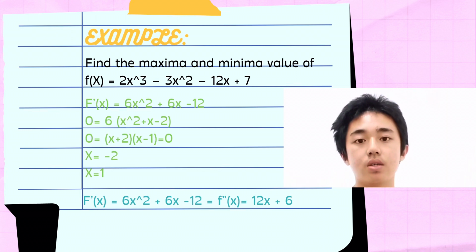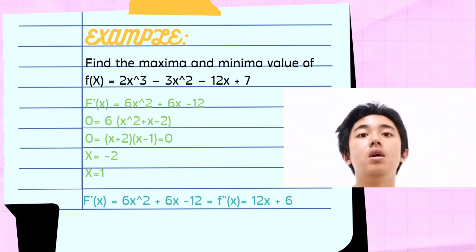So what we're going to do is find the derivative of the function. f'(x) = 6x² - 6x - 12, because 2 times 3 gets 6 and 3 minus 1 equals 2, so it is 6x². Then 3 times 2 is 6 and 2 minus 1 is 1, so we don't write the power 1, so it is 6x.